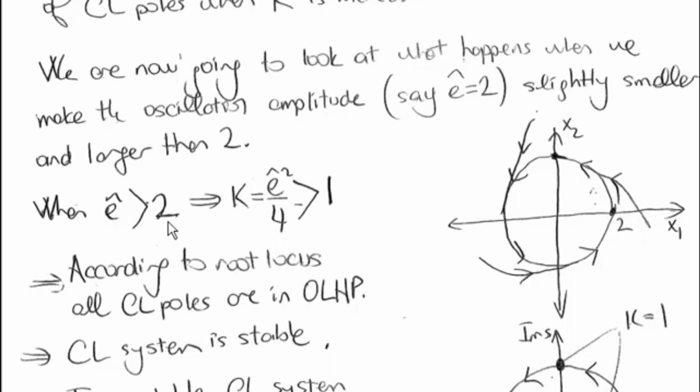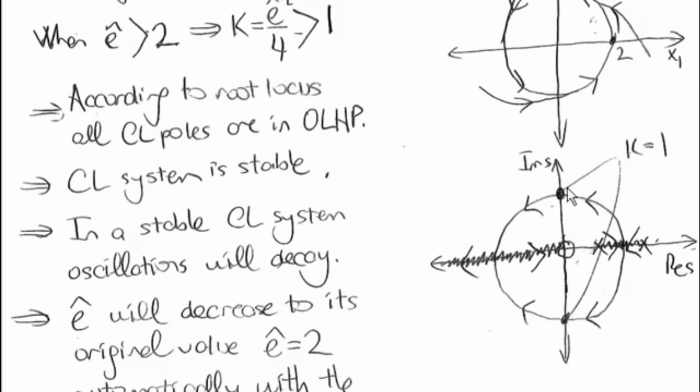So when E hat is larger than 2, then this linear gain that we have considered here, which corresponds to E hat square over 4, becomes larger than 1. Remember, these imaginary axis crossings are actually representing our oscillation here. So then we would like to understand what happens when k is larger than 1.